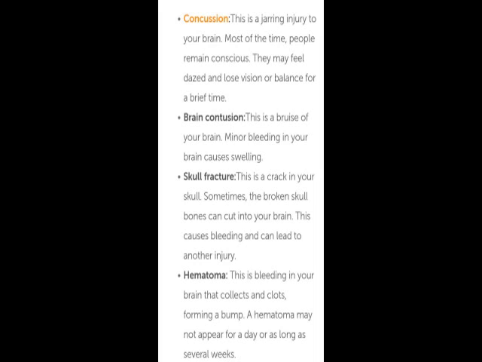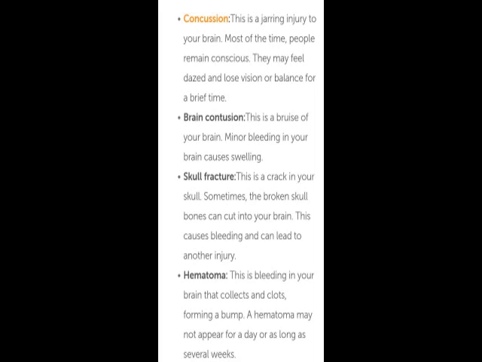If a witness is there, he may observe that the signs and symptoms in the concussed person are temporary loss of consciousness, slurred speech, delayed response to questions and forgetfulness. Forgetfulness means the person is asking the same questions repeatedly.